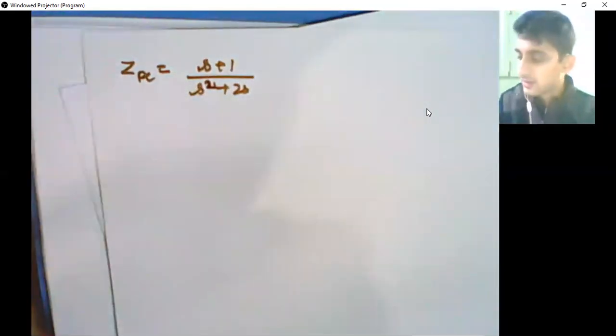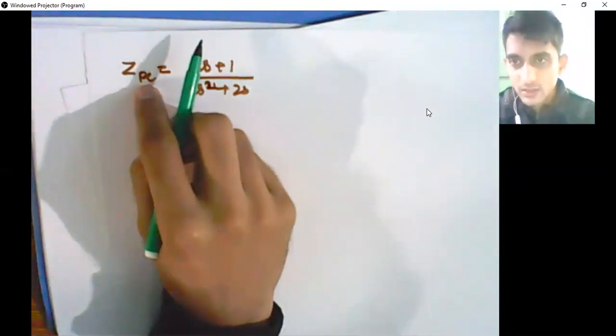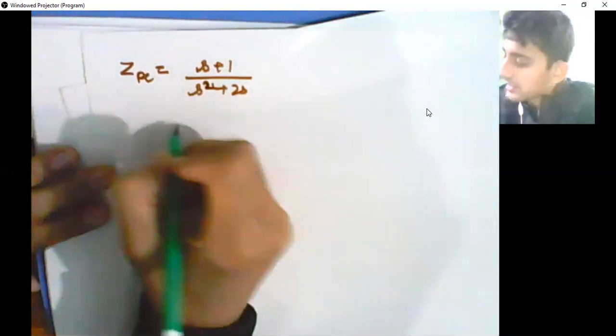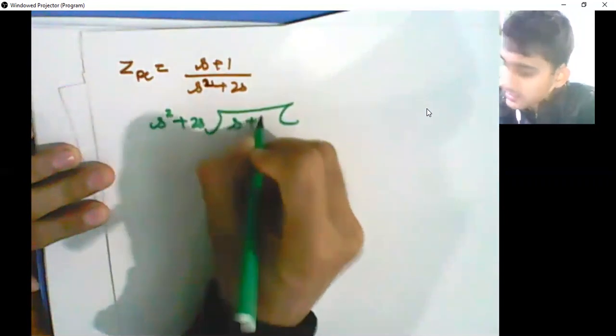आपसे कहा जाता है आप इसकी ZRC निकालिए, Cauer 1 निकालिए, ZRC as it is की Cauer 1 निकालने को कहा जाता. तो you can try that. चलिए continuously divide the S square plus 2S, you have S plus 1 inside.